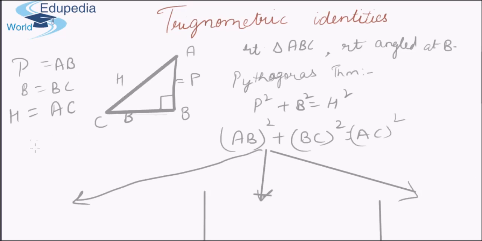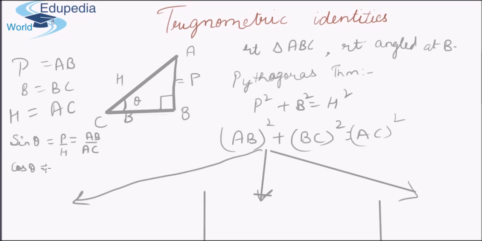Friends, if C is the point of interest, say this angle be theta, because theta is the most common term used for representing angles in the world of trigonometry. So sine theta or sine C, one and the same thing, is perpendicular over hypotenuse, that is AB over AC.